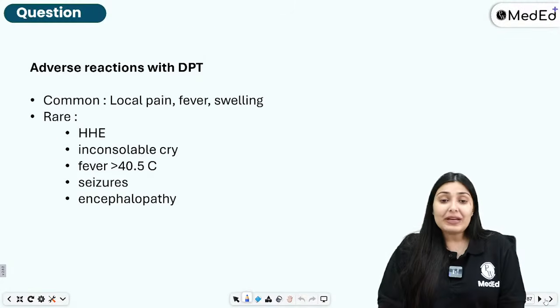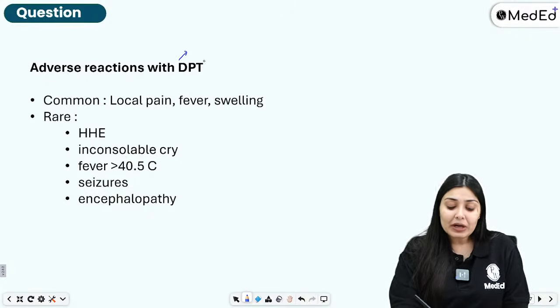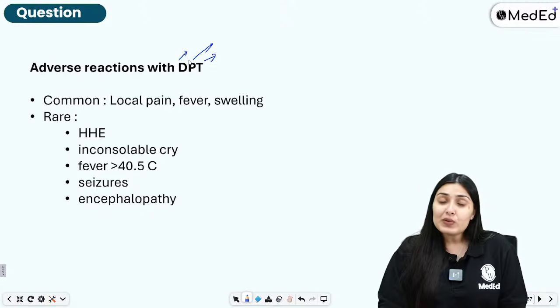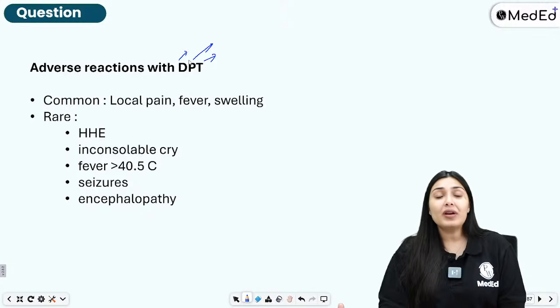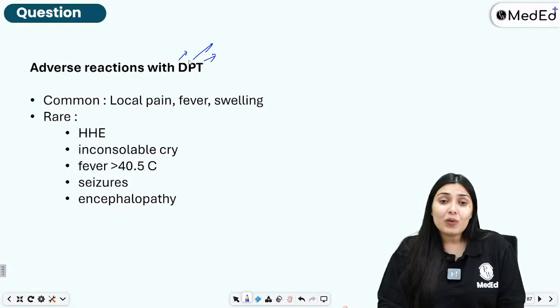So when we talk about DPT vaccines, DPT vaccine has three things. We have diphtheria toxin, tetanus toxin, and pertussis. Pertussis could be whole cell or acellular. Whole cell has more reactions. At that point, there will be more local pain, swelling, fever.